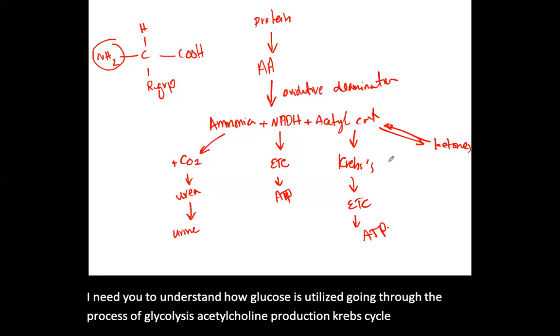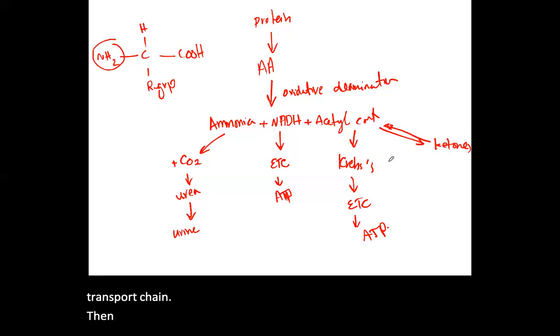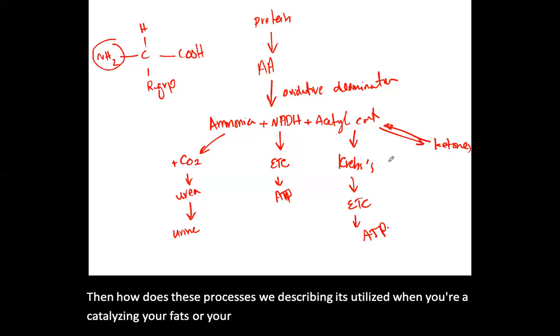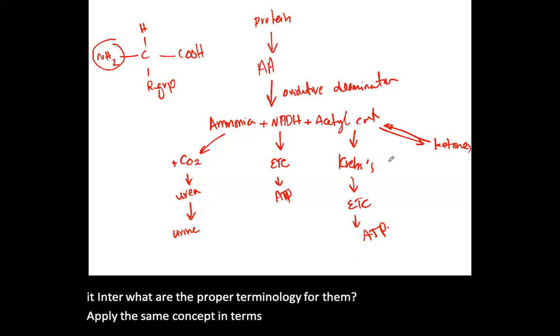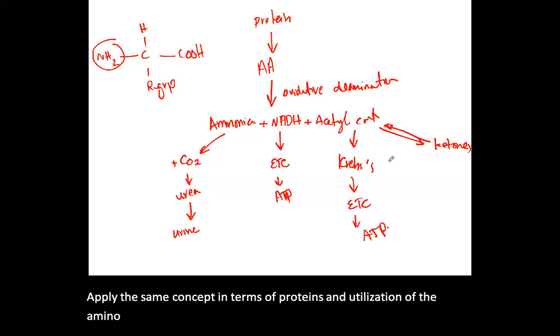Then, how are these processes utilized when you're catabolizing your fats or triglycerides? What part of the process does it enter? What are the proper terminologies for them? Apply the same concept to proteins and the utilization of amino acids to produce ATP.